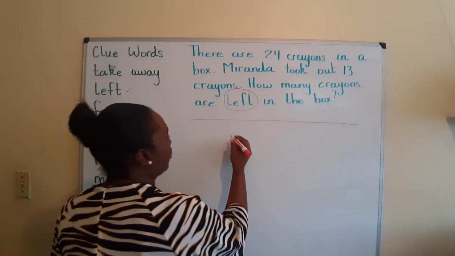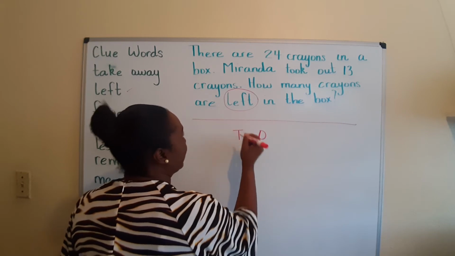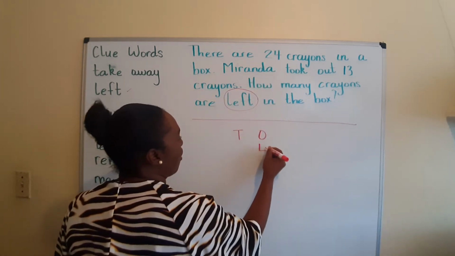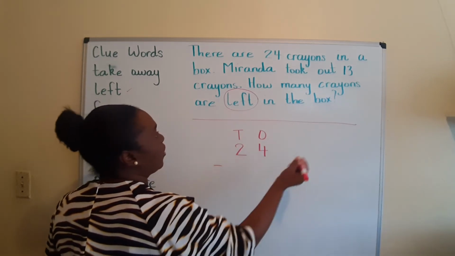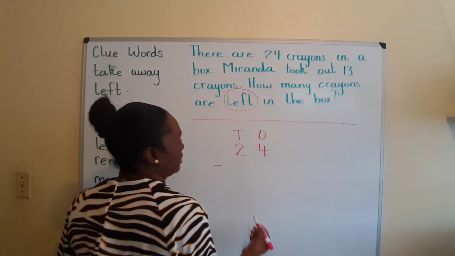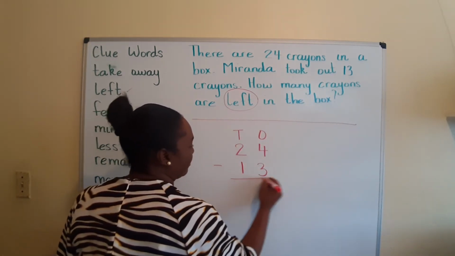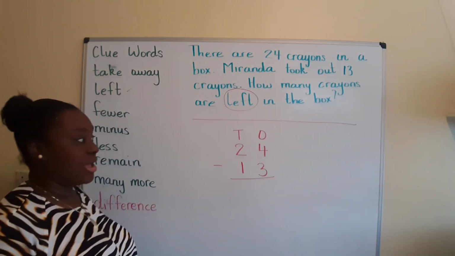So we have our ones place and we have our tens place. 24, 4 ones and 2 tens. Take away 13, 3 ones and 1 ten. Now we can subtract.